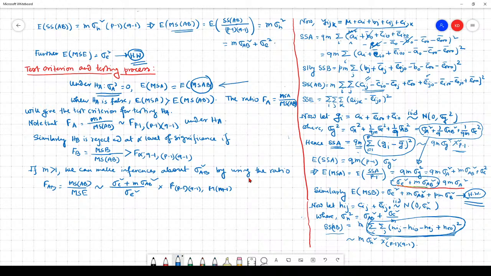Okay. Under model omega, when HAB is true, then FAB is equal to MSAB by MSE. This follows central F with P minus 1, Q minus 1, PQ, m minus 1 degrees of freedom.